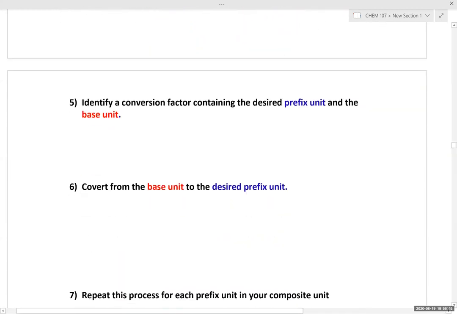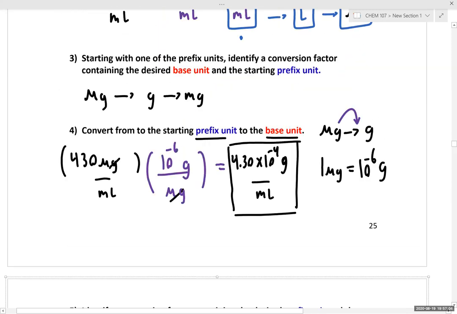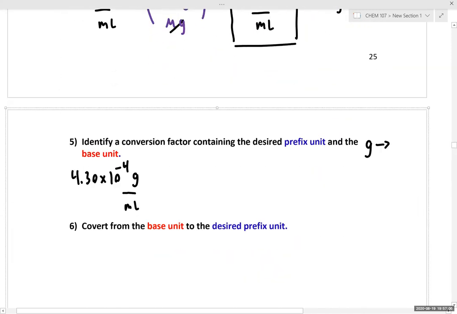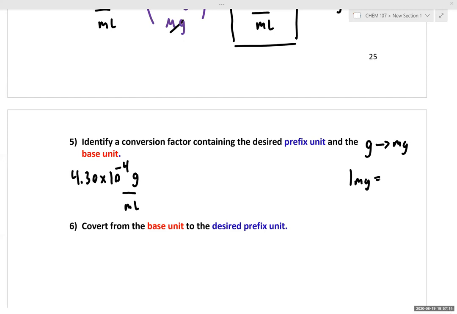Considering that we now have 4.30 times 10 to the negative 4th gram per mil, looking at our solution map, our goal is to go from grams to milligrams. So we know 1 milligram is equal to how many grams? What does the milli prefix correspond to? 10 to the negative 3rd gram.